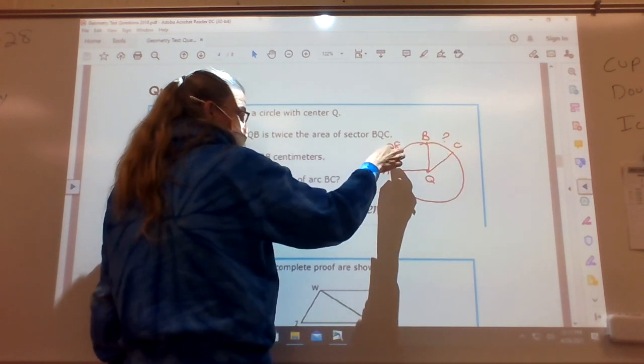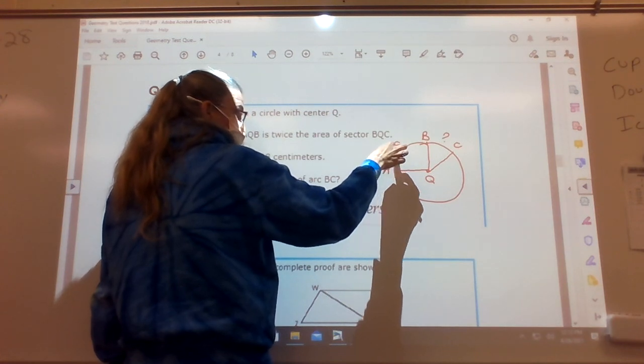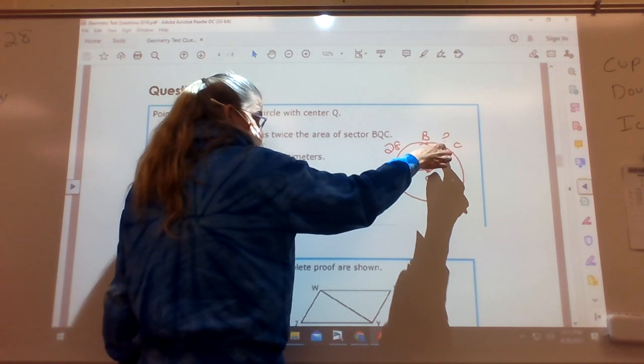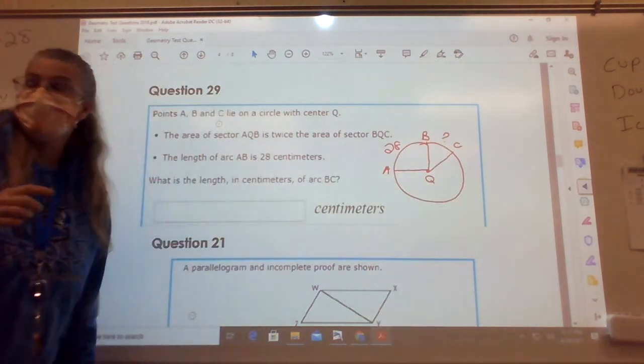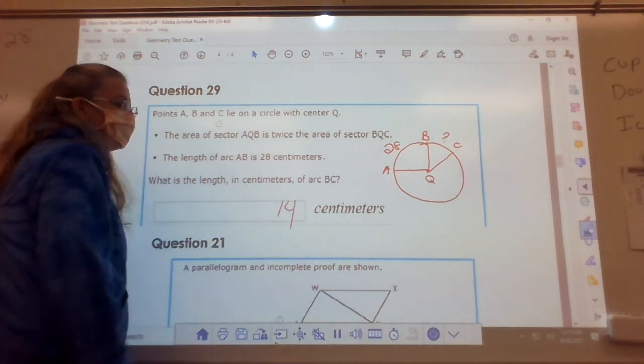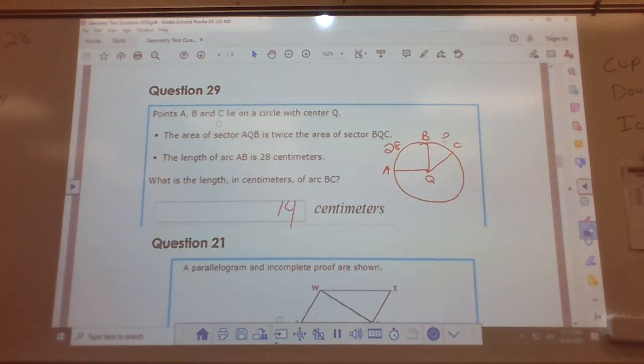So this is 28. 56. Wrong way. This is bigger. So my question mark is not going to be 56 because that's getting bigger. Oh, 14. Half as big. I wanted a smaller one. I just need half as big.